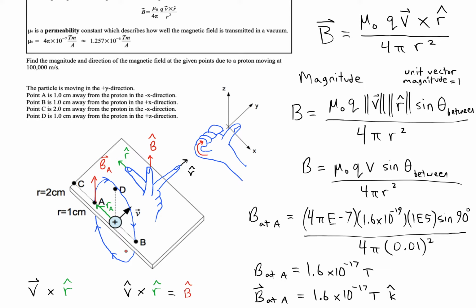All right, now we can answer the other questions, and some of them will actually be fairly easy to answer by symmetry. We see that point B is the same distance away from the moving charge.